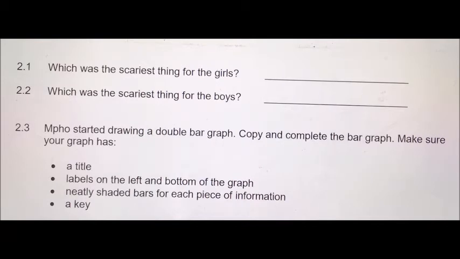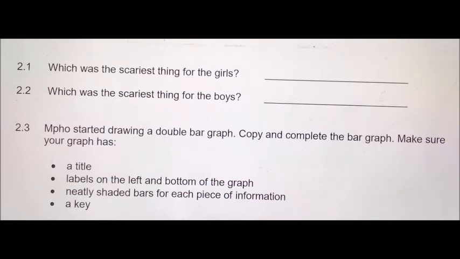For 2.3, Mupo started drawing a double bar graph. Copy and complete the bar graph. Make sure your graph has. So Mupo started with a double bar graph, but he didn't complete it, and he wants you to complete it for him. But you are missing a title. You are missing the labels on the left and at the bottom of the graph. And you have to also make sure you have neatly shaded bars for each piece of information, and then a key.